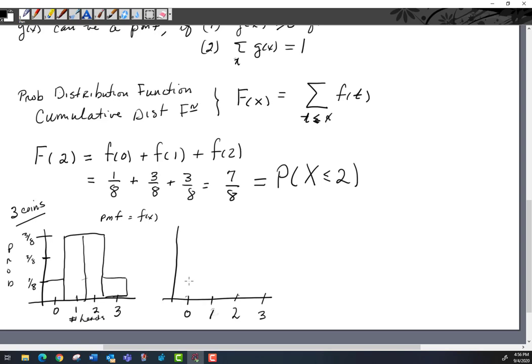It would be more appropriate to draw the probability mass function like this. These are straight lines. These two would be exactly the same height, and these two would be the same height.